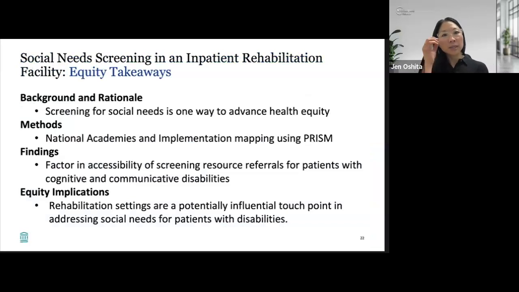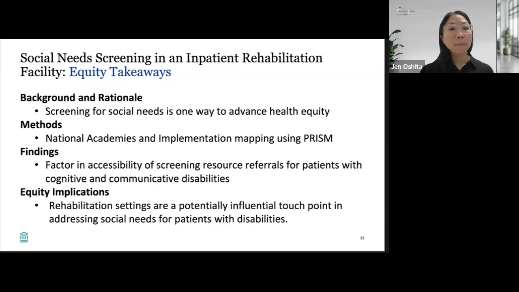All right, so equity takeaways from this presentation. You can really find that across our background, methods, findings, and just overall equity implications. So in the background, the impetus for this work was really an equity-driven one, in acknowledgement that screening for social needs is one way to advance health equity.